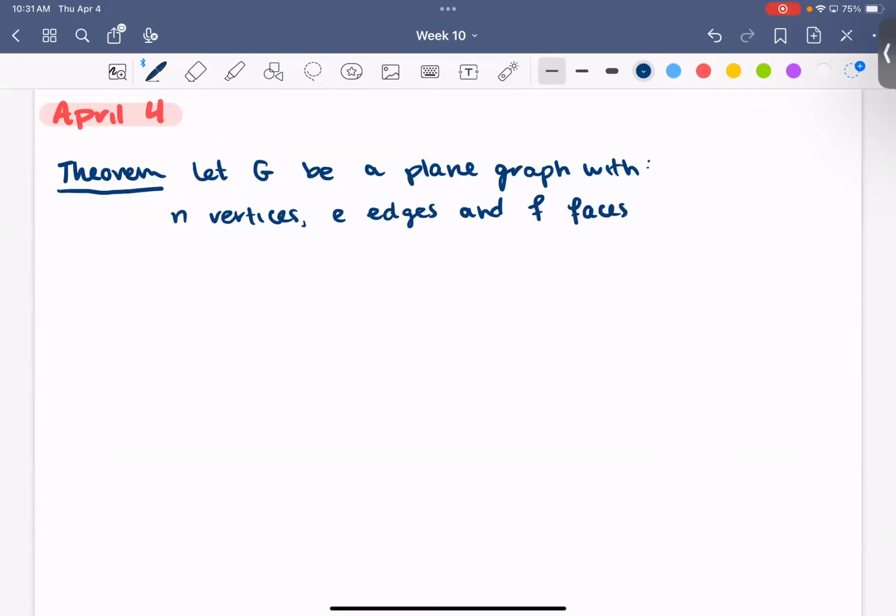Maybe I should explain this. Last time we said that a graph was planar if we could draw it in the plane with no edge crossings. The faces are the maximal connected regions of the plane left behind if you removed the graph. Let f be the number of those faces, and then we have n vertices and e edges. Then we proved that the following formula was satisfied: n minus e plus f is equal to 2.